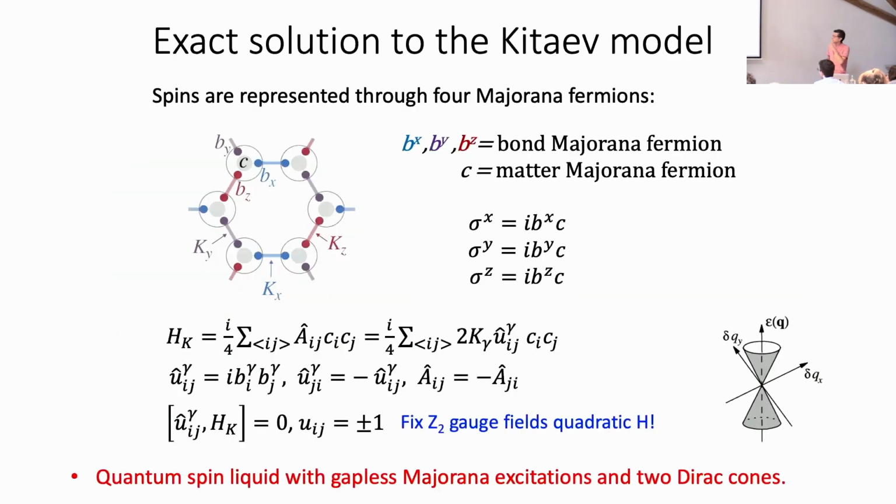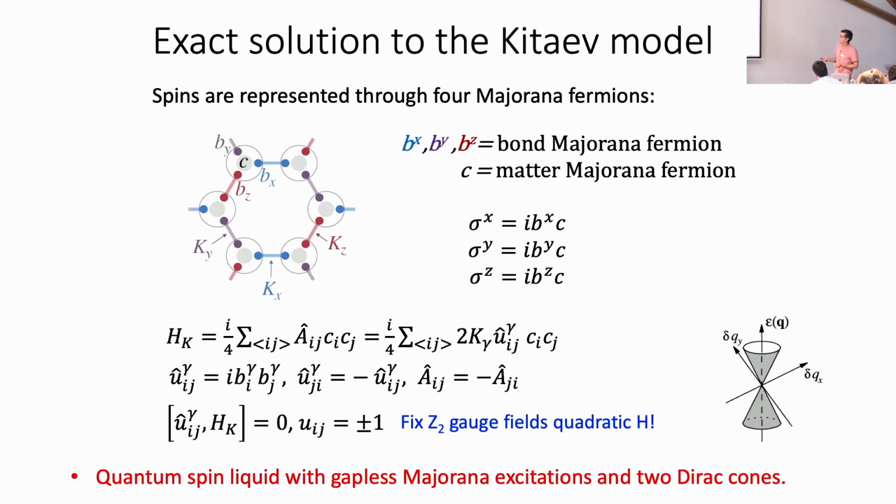So the exact solution to this model, just briefly, can be obtained by mapping the spins into 4 Majoranas on each site. And one can divide these Majoranas into bond and matter Majorana fermions. And the bond Majoranas are called like this because they form a bond with the nearest neighbors.